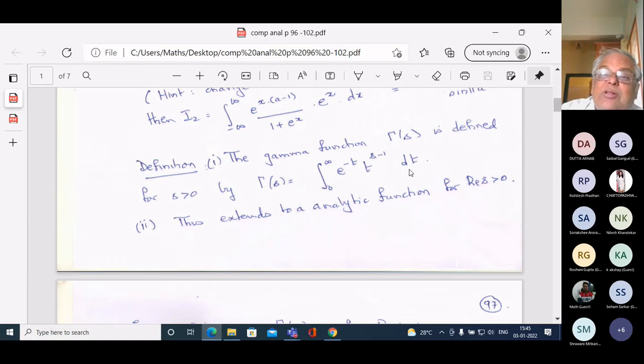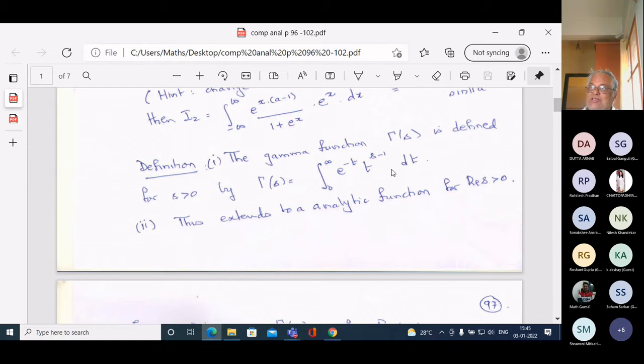Instead of keeping s real, you put s equal to sigma plus it. Now, this is again a difference that you will come across. When you're talking about complex analysis per se, your z is always x plus iy, where x and y are real.